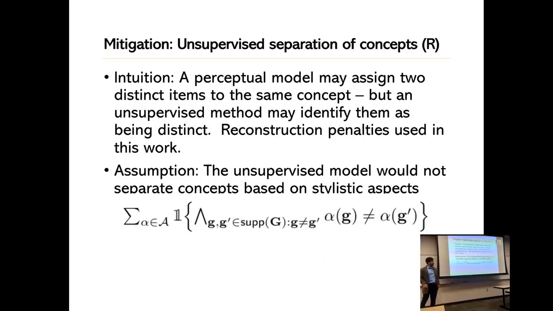So one thing that could be considered is maybe having some unsupervised approach to sort of separate out the concepts. So I want to learn concepts that are sort of far away from each other in the latent space. And this becomes helpful when the unsupervised model is not separating things based on stylistic properties.